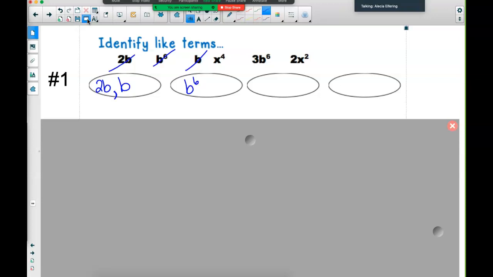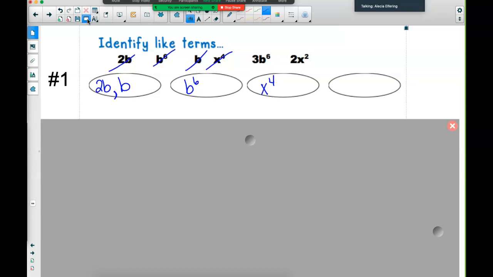Okay, then we have X to the 4th power. Where should that go? What do you think? Addison, can it go in either of these? No. It's an X. It's different. These have B's. So this has to go here, X to the 4th power.